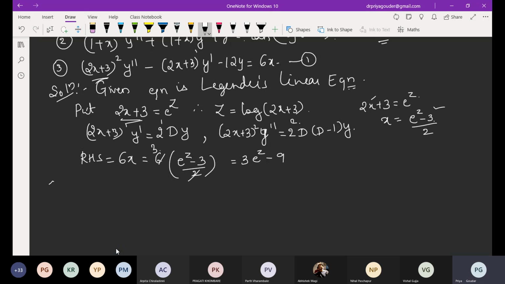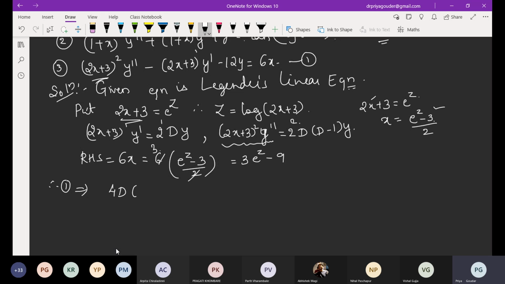RHS part. Therefore, let us substitute all these changes in equation 1. What is 2x plus 3 the whole square into y double dash? 2 square. Shall I write it as 4? Write it as 4.